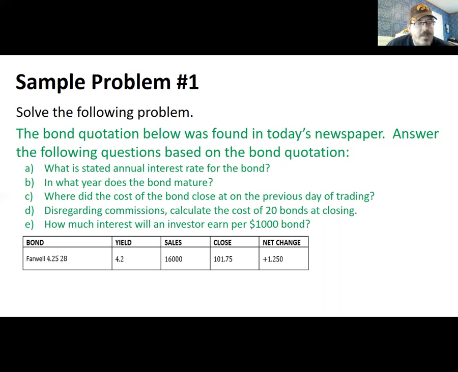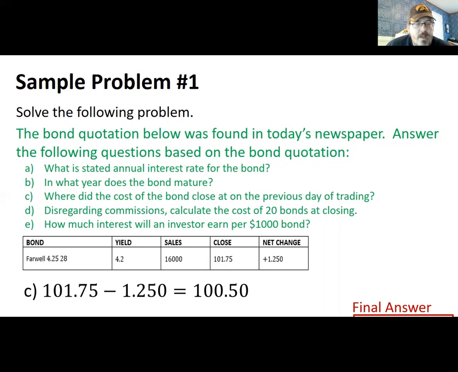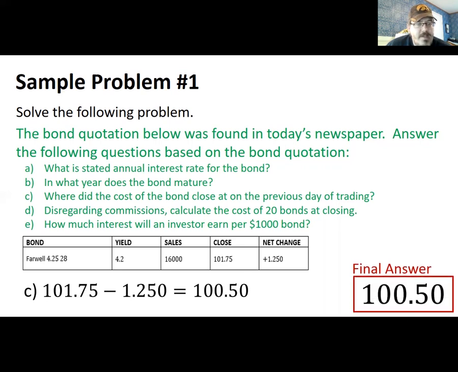So to find the previous day, we just do the opposite of whatever sign is on the net change value. So we're going to take 101.75 minus 1.250, and that's going to tell us what the closing cost was on the previous day. So in this case, 100.50.